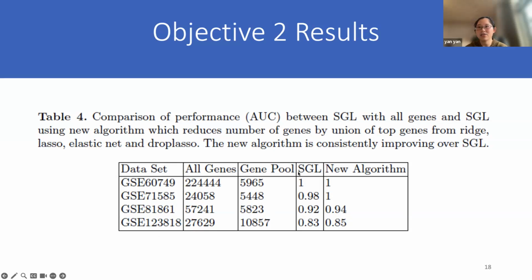Then this is SGL working on that, getting the AUC, and our new algorithm. They are similar, comparable, and in some cases a slight improvement. So we think this combined workflow works a little bit better.